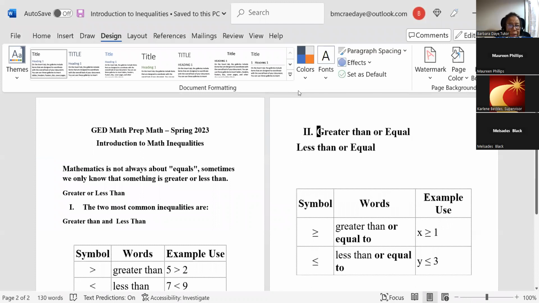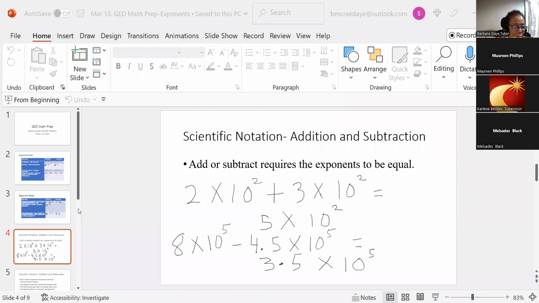Now let me go back. It's this screen that's frozen. Meanwhile, I'll go to the inequalities, because that one is working, and I'll come back to this one. Maybe it'll unfreeze. Let's go to introduction to inequalities.